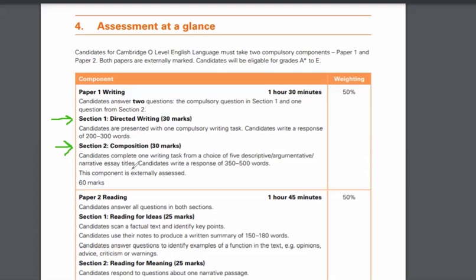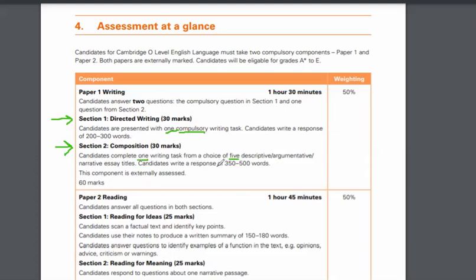So you have 5 questions, out of which you have to do only one. Whereas in section 1, there is just one question which is compulsory for all the candidates. Over here, you have a choice of 5, out of which you have to do only one.